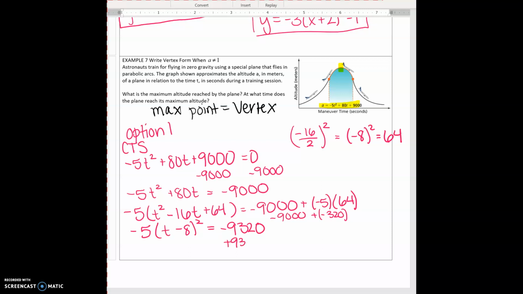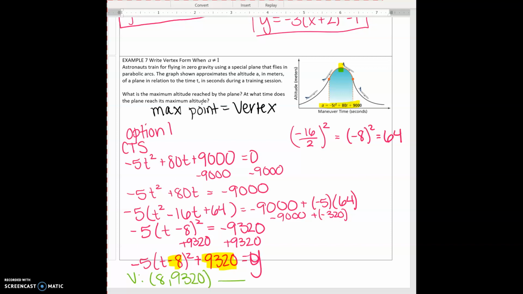Add to both sides. So we're looking at negative 5 times t minus 8 squared plus 9,320 equals 0, or you can say y. So our vertex would be looking here. And so our vertex would be positive 8, remember, because it's opposite of here, and then 9,320.